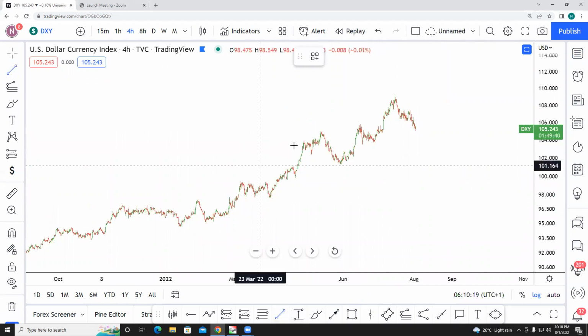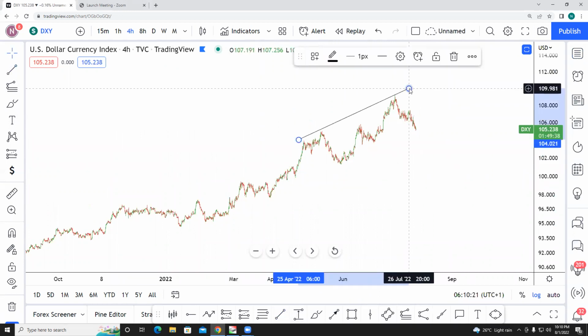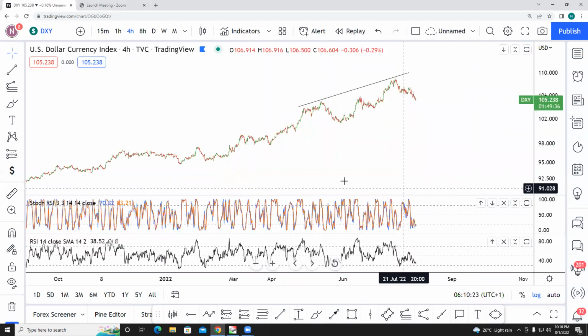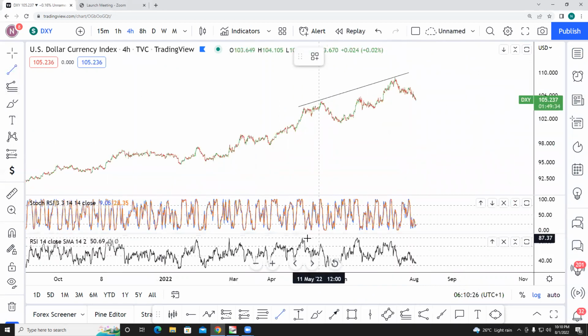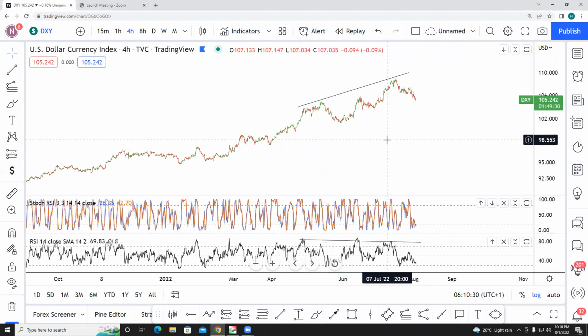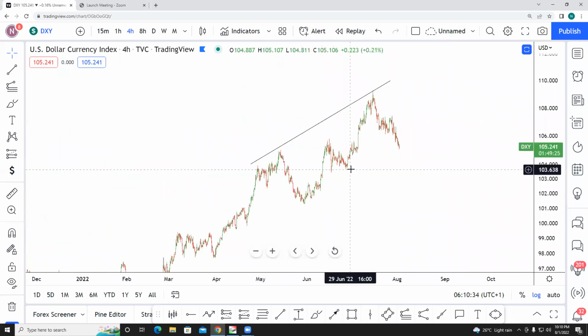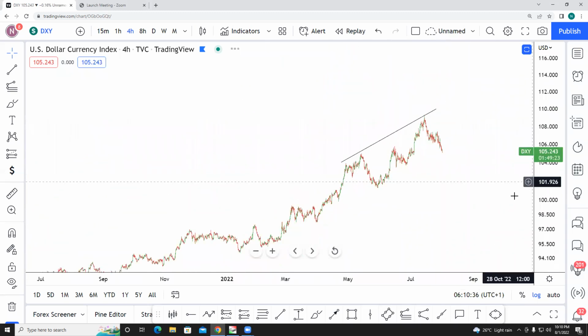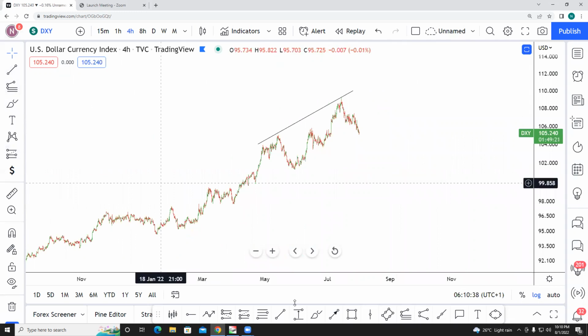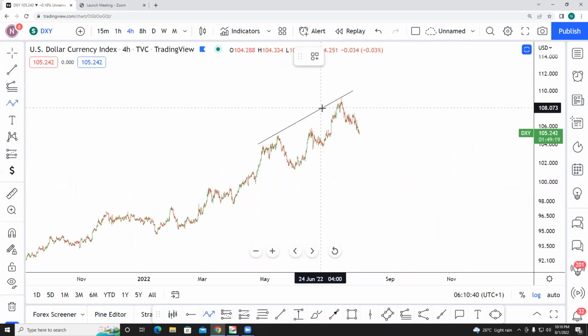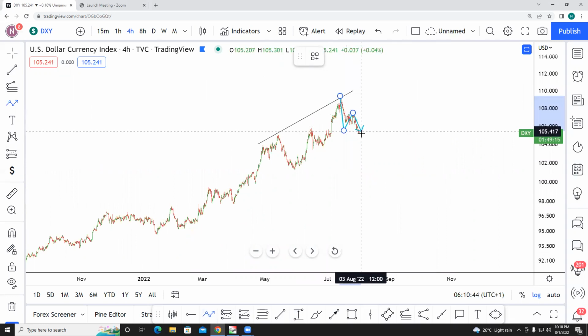Okay. So you see from this, right now you have some divergence, which shows that this move to the downside will come. So we're actually expecting a corrective structure here, but we don't know how big that corrective structure is. Here, we're already seeing what looks like a three-wave structure.